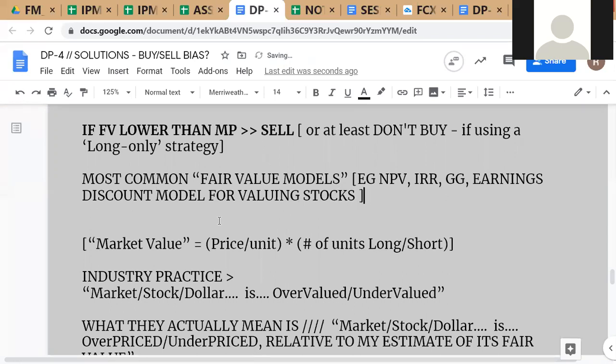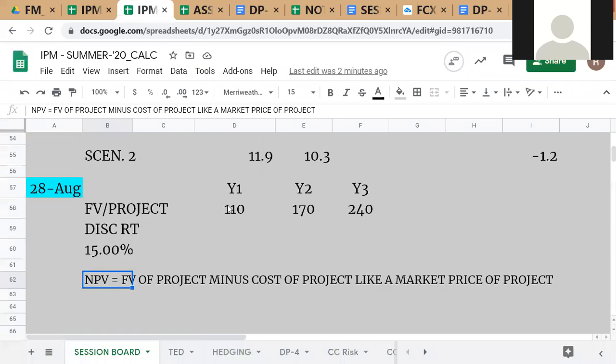You may not have heard this term before, but we are learning it now. This is the technical jargon that you should learn. These are all fair value models, because what are they doing? What is the Gordon growth model doing? It is basically forecasting, let's say these are dividends.